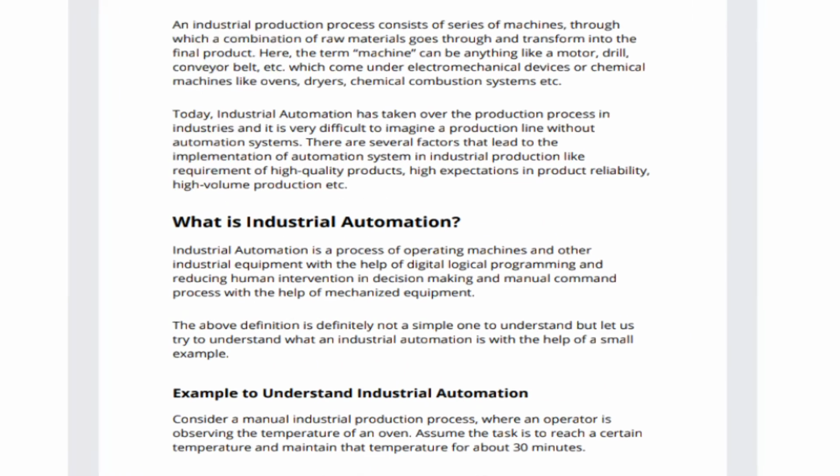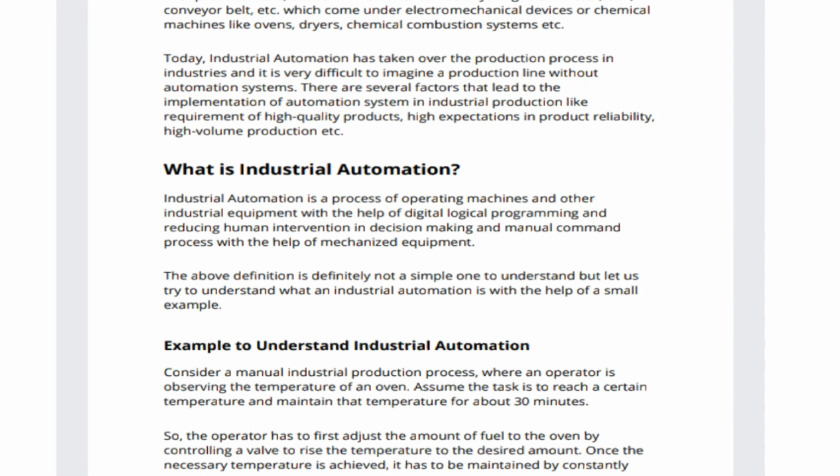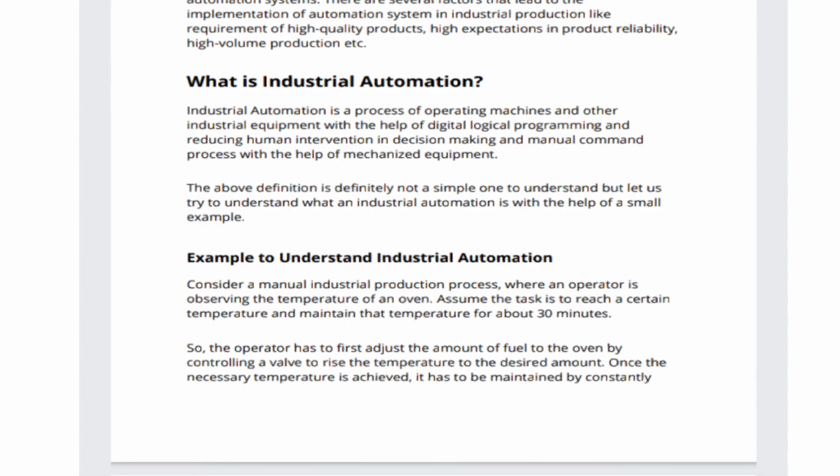An industrial production process consists of a series of machines through which raw materials go through and are transformed into the final products. Here the term machine can be anything like a motor, drill, conveyor belt, etc., which come under electromechanical devices, or chemical machines like ovens, dryers. These are also examples.